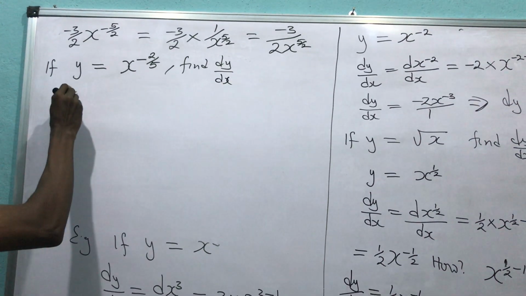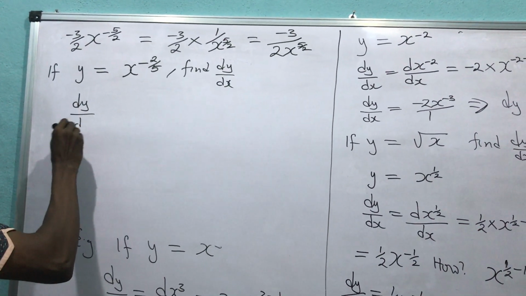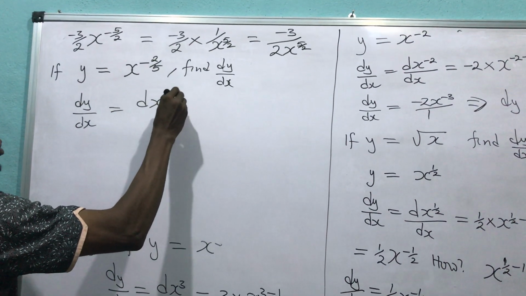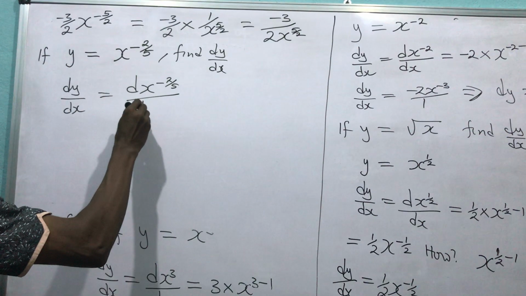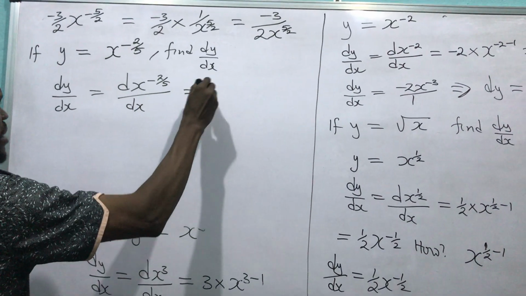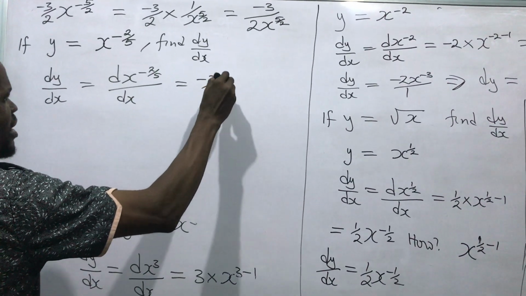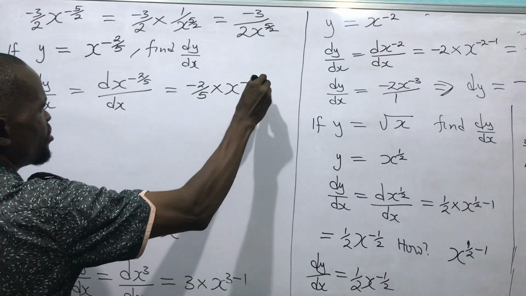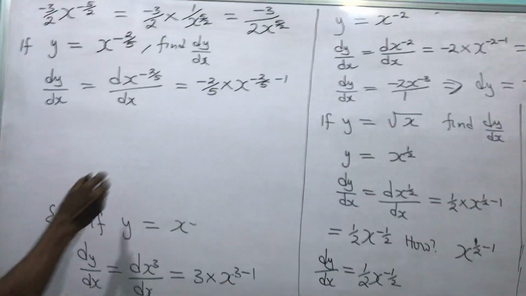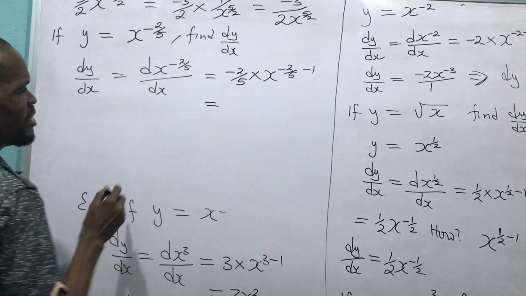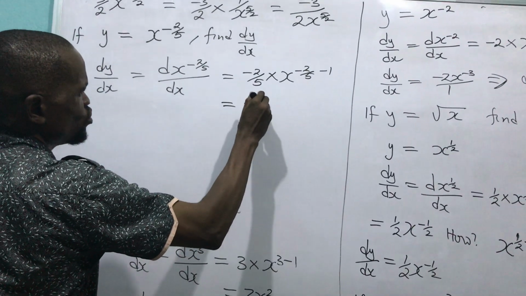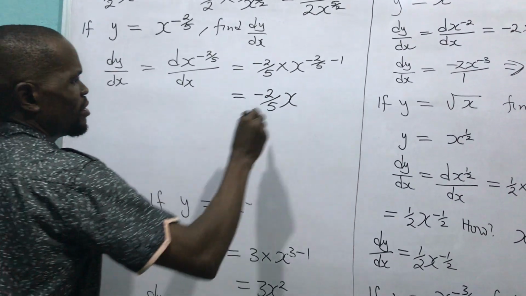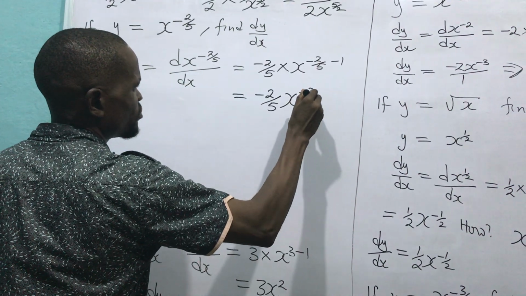I can simply say that my dy dx is equal to d of x raised to the power minus 2 over 5 all over dx. And this simply means minus 2 over 5 times x raised to the power minus 2 over 5 minus 1. And this will finally give me minus 2 over 5 x raised to the power minus 7 over 5.